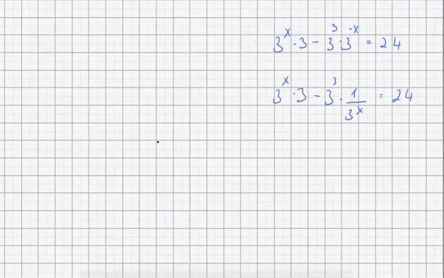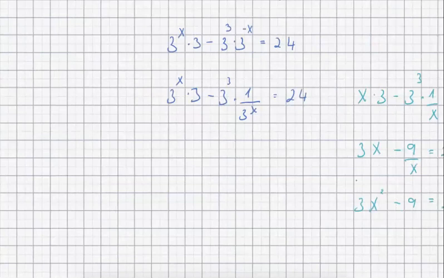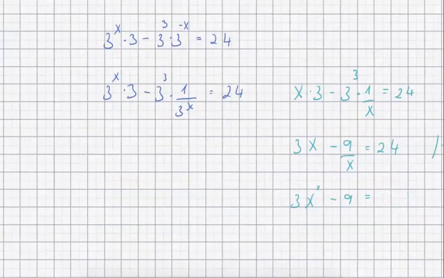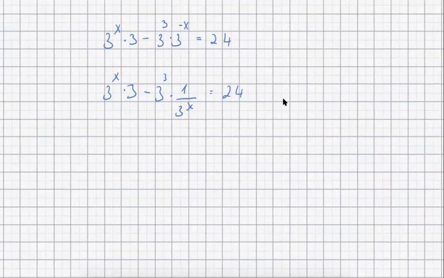3 times x. So let's do the same thing. So here, let's just delete that. Okay. So here we have the 3 by the power of x down there. So let's just multiply the whole thing by x?